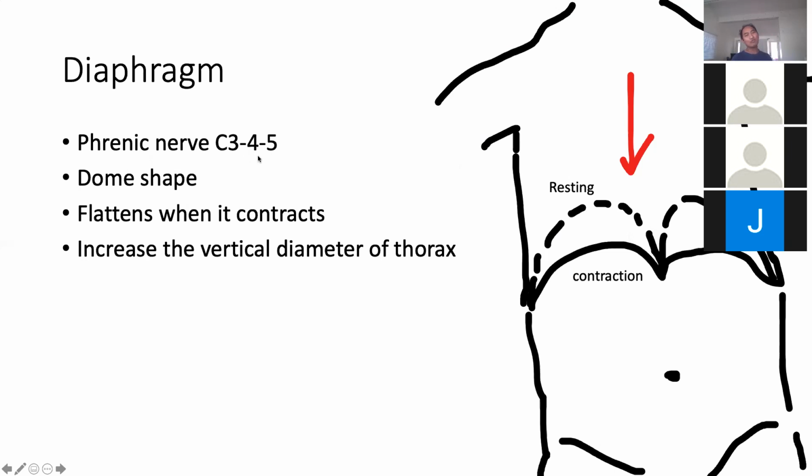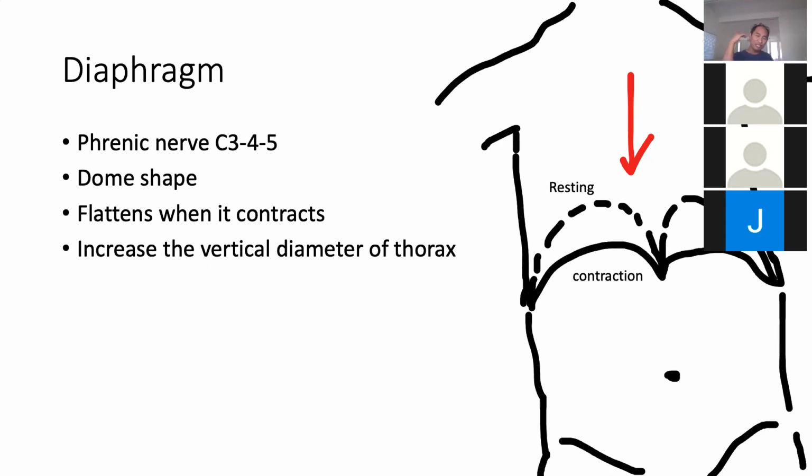So C3, 4, 5 keep your diaphragm alive. The nerves coming out from cervical spine 3, 4 and 5 combine together to form the phrenic nerve, which keeps the diaphragm moving.